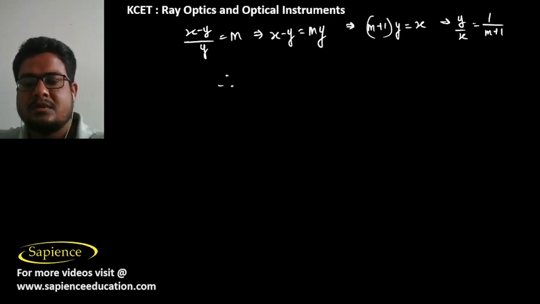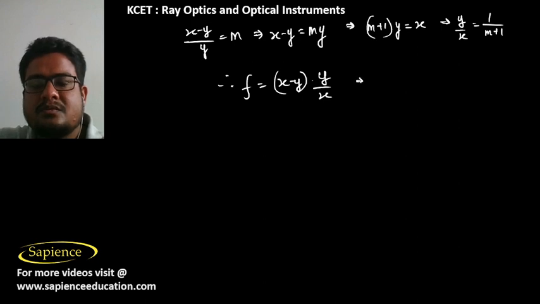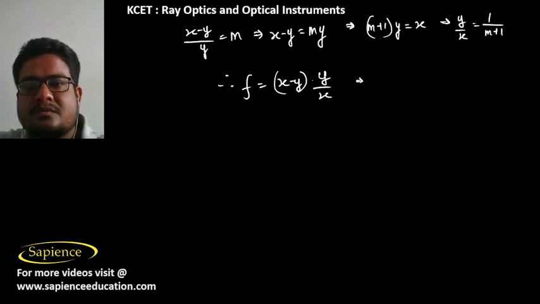Therefore, the focal length is coming x minus y into y by x, which is equal to my square by x.